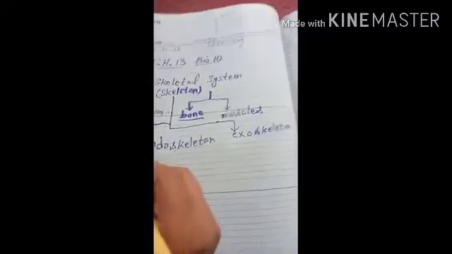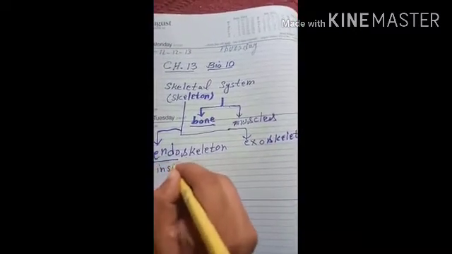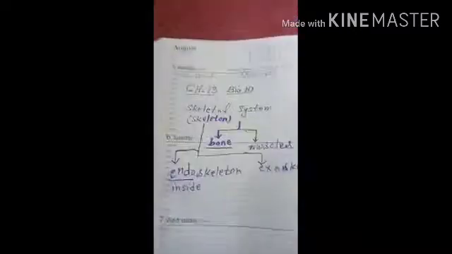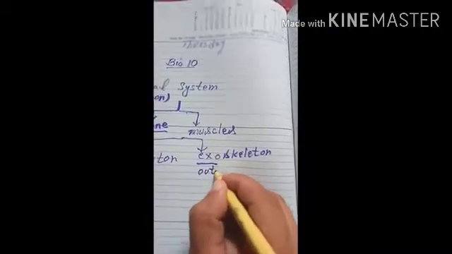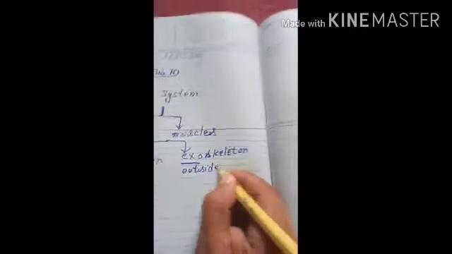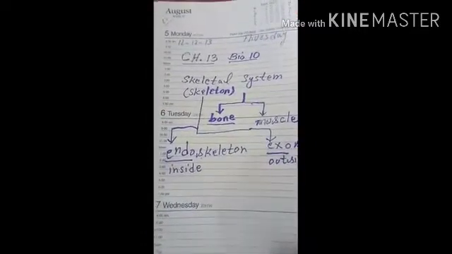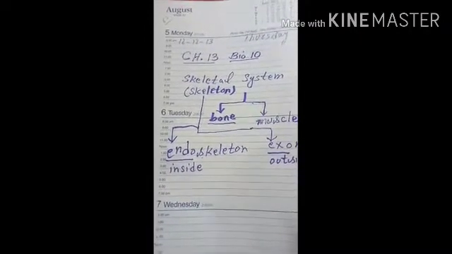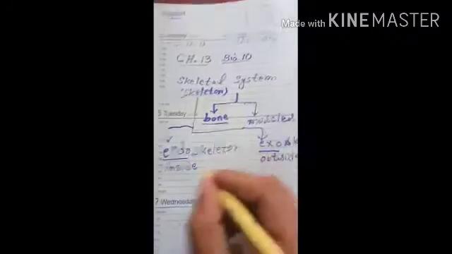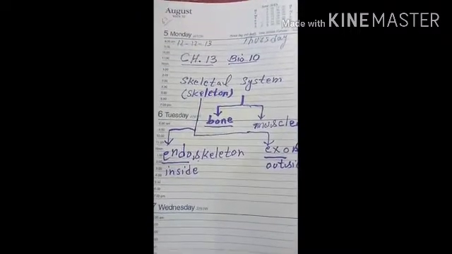Endo means inside and exo means outside. The type of skeleton which consists of the bones inside the body is called endoskeleton. The skeleton which is present inside the body is called endoskeleton.